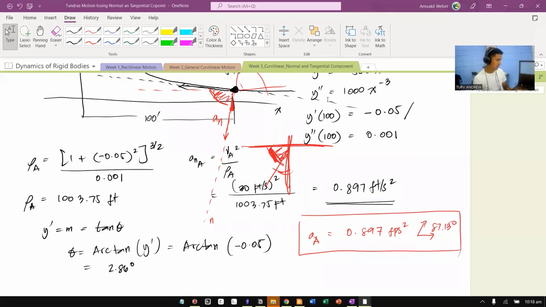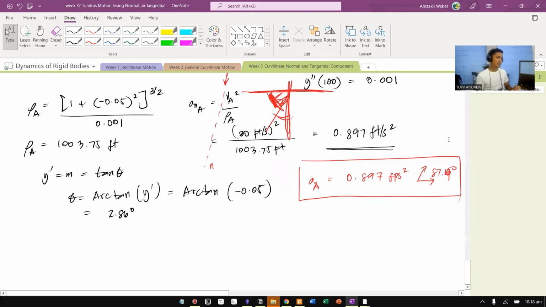It's a small difference, so it's okay. That's with my accuracy and value.